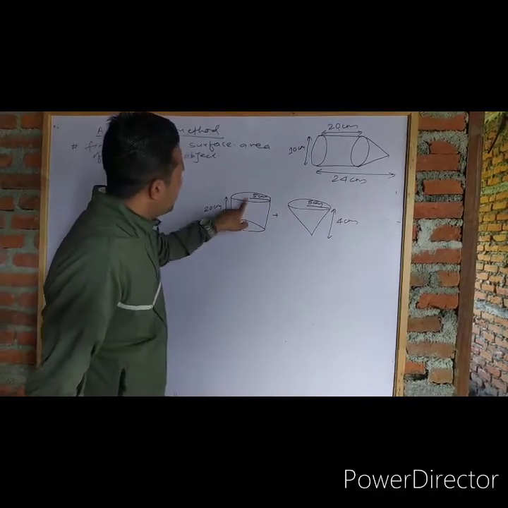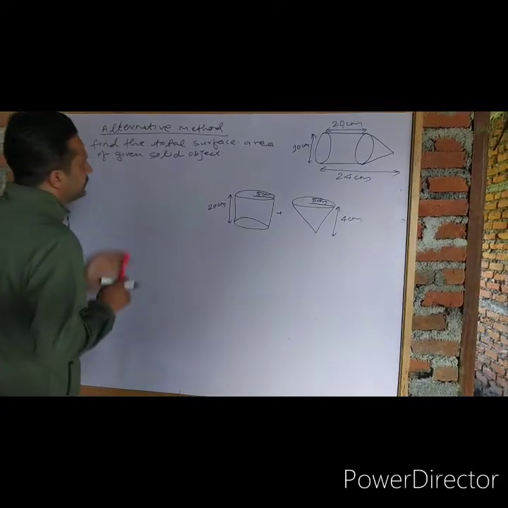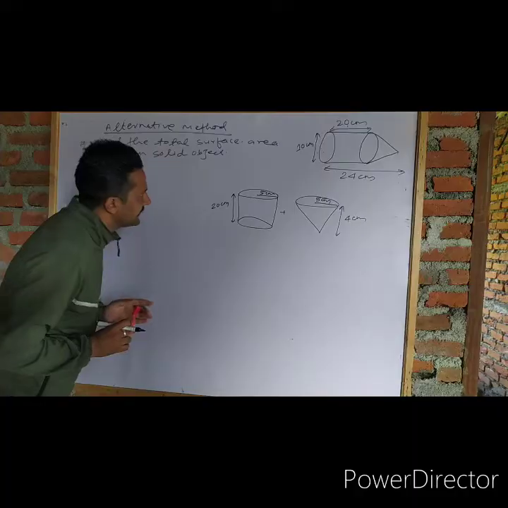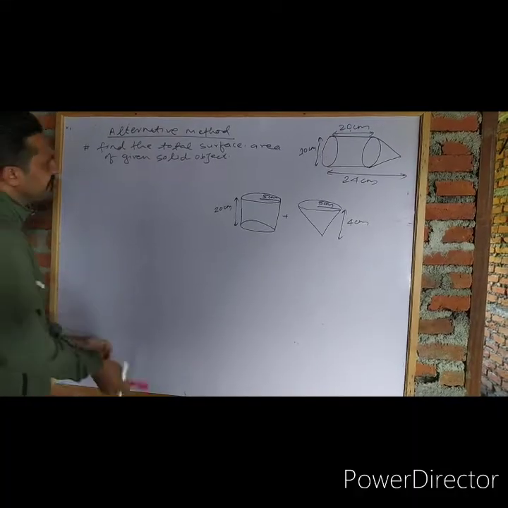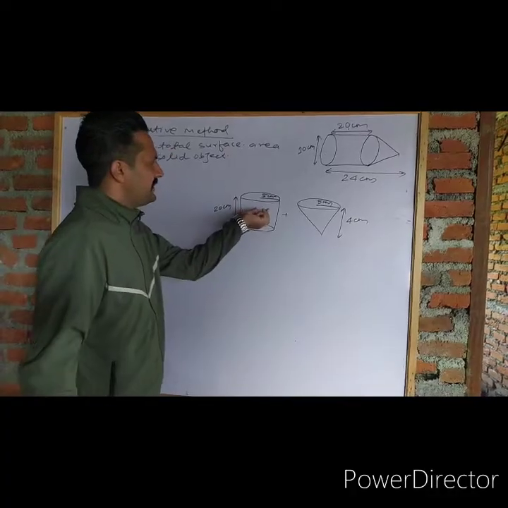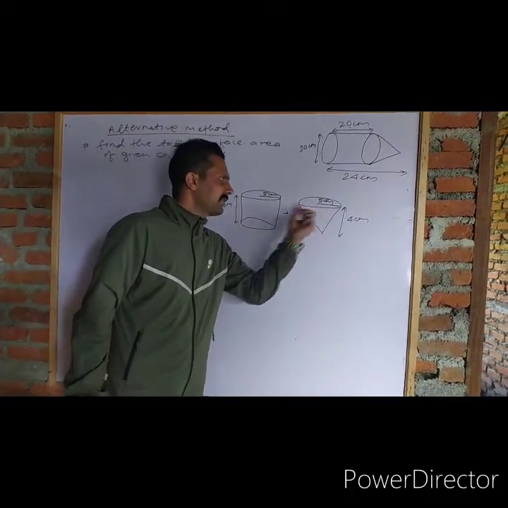One is cylinder and another is cone. In this method, we will find the total surface area of cylinder and total surface area of cone.